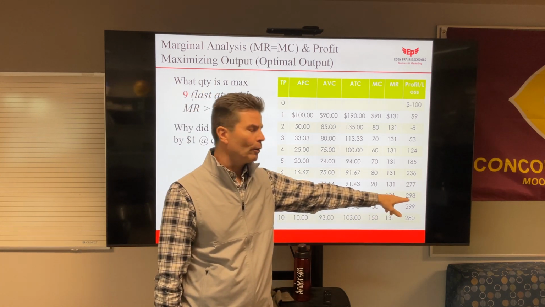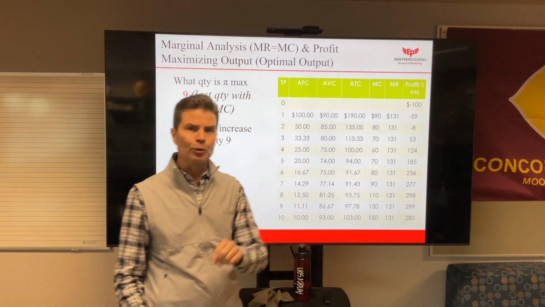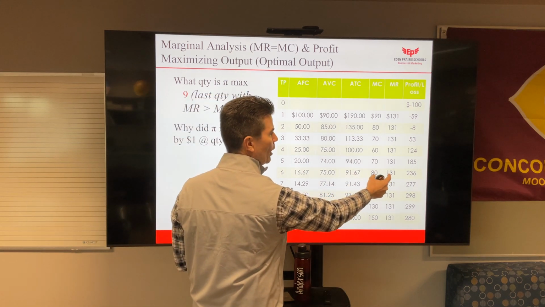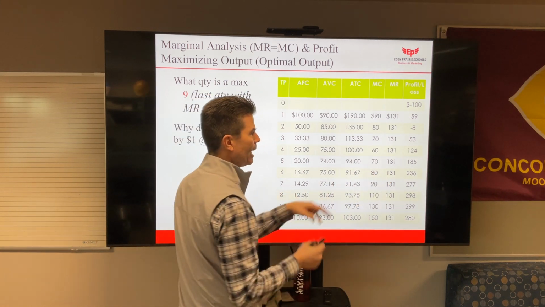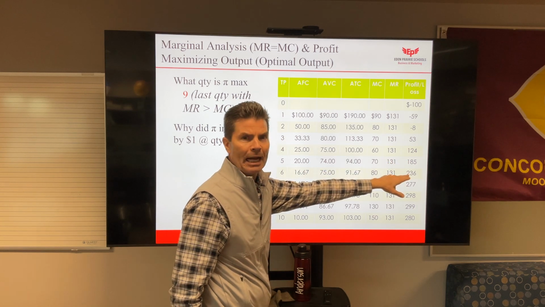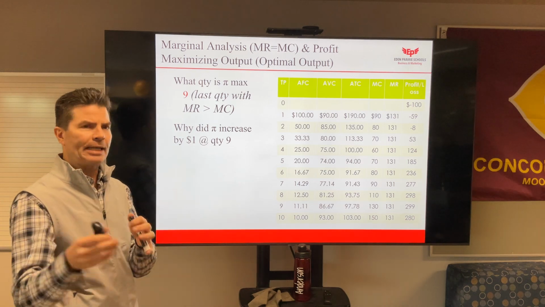My profit was $2.98, so I add the $1 to this and get $2.99. And every time this is more by $51, that's why this went up by $51. So I'm just showing you how this works and how profit is established.